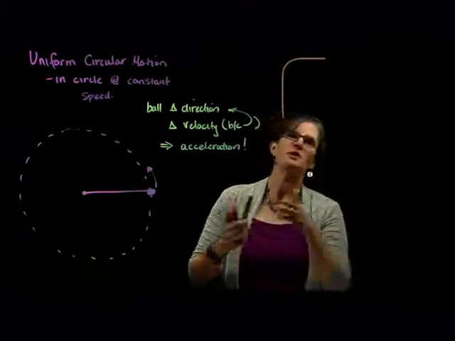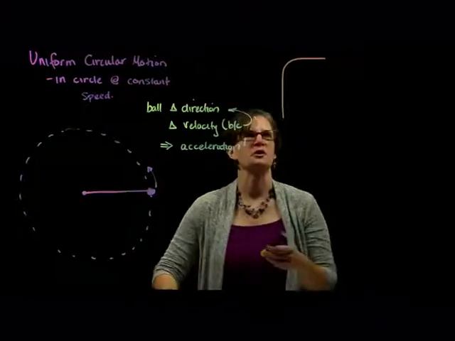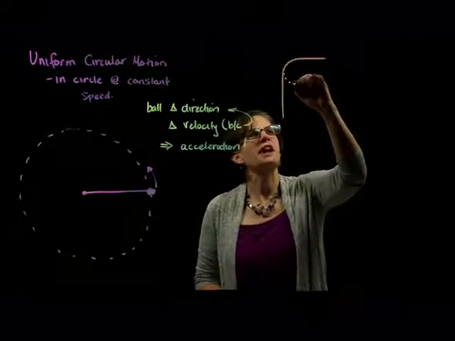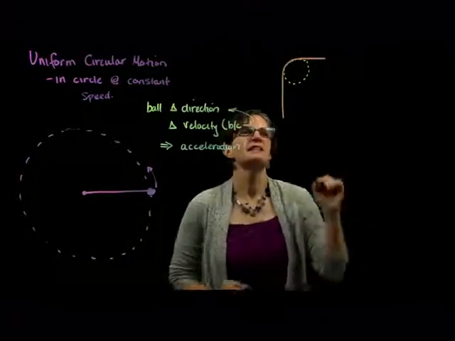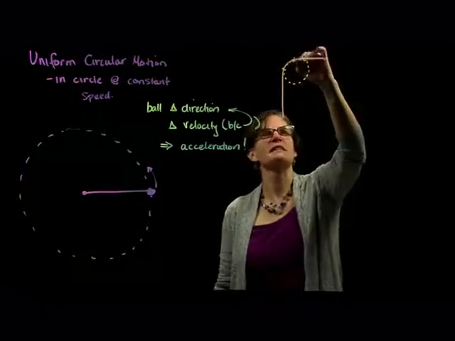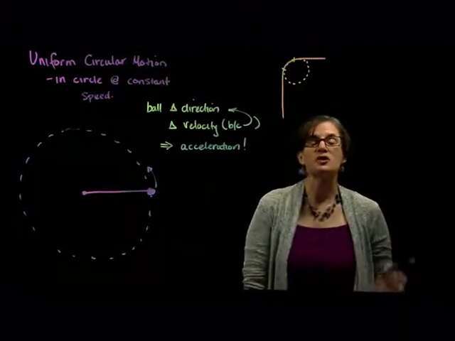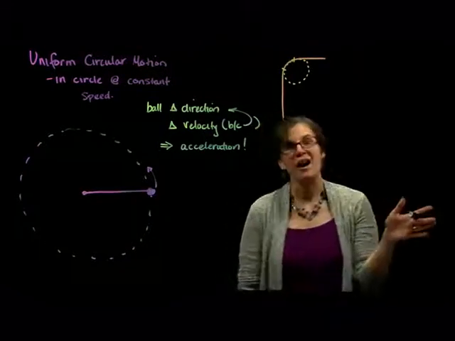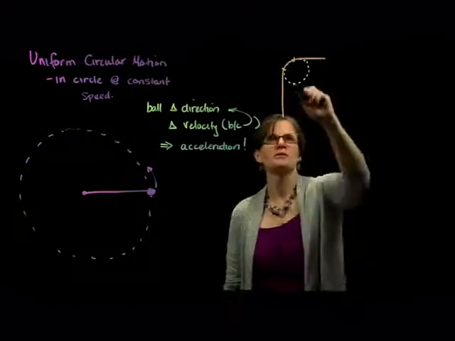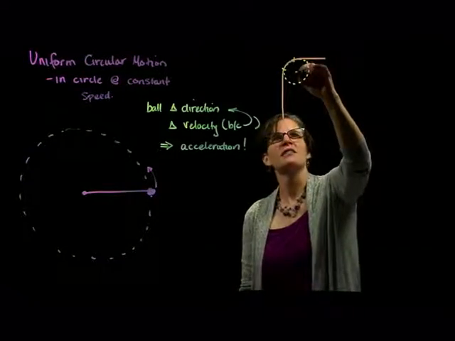So there's my turn. It's a pretty sharp, 90-degree turn. We can imagine that during a portion of that turn, it's as if we're on a circle. We're traveling along a piece of that circle. So if I'm moving around that curve at a constant speed, then I'm in uniform circular motion for a portion of that trip.